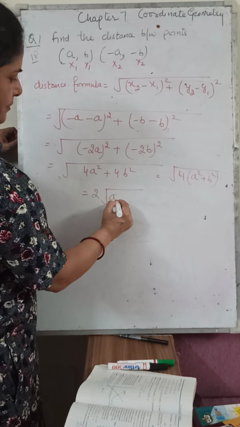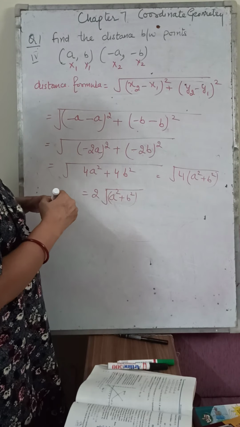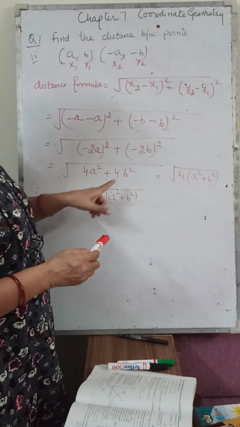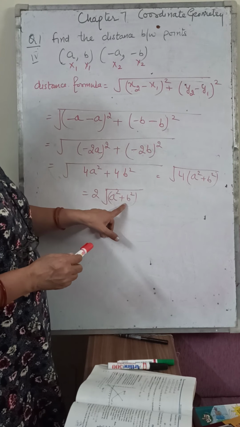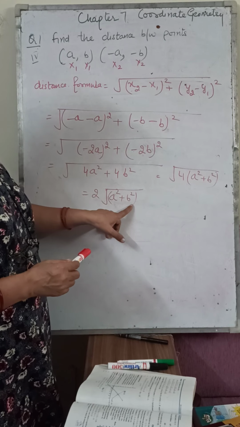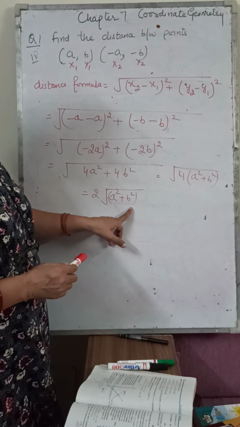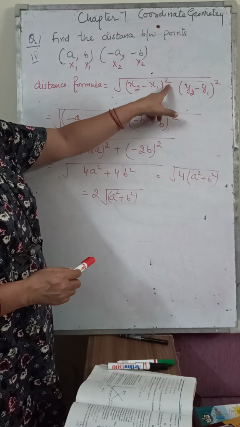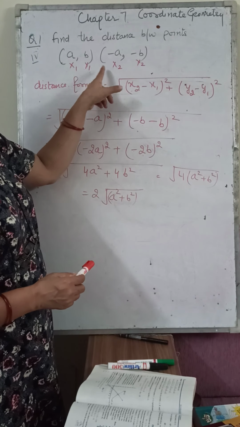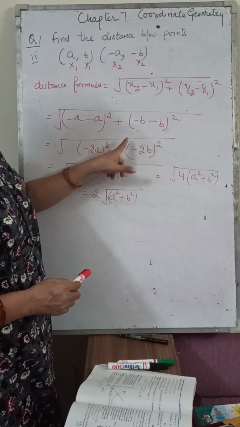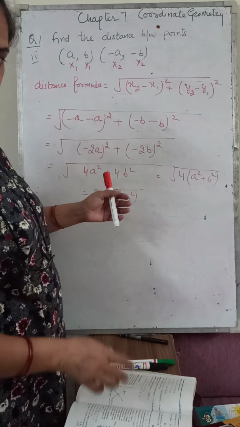Root a square plus b square. The square root of 4 is 2 and that 2 I have taken out. It is 2 root a square plus b square. Is this clear to all of you? Any doubt? (x2 minus x1) whole square plus (y2 minus y1) whole square. In place of x2, x1, y2 and y1, you will put the values and solve it. Clear? This is a very easy question.